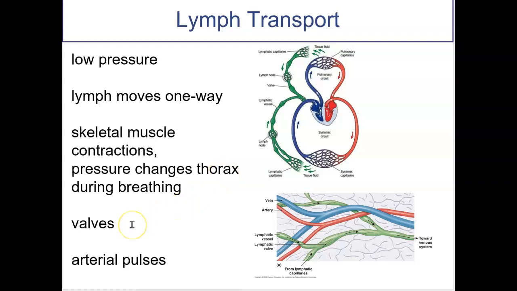We know the valves are also important. The valves, just like in the veins, prevent the backflow of blood. We even know that things like massage can help push and help circulate lymph. And you might have compression socks or compression garments to try to help keep the lymph moving.